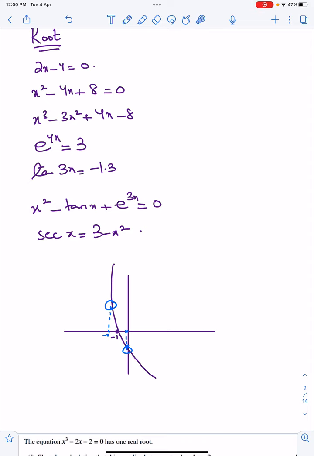So you should learn one thing right now: if a value before the root and a value after the root give different signs, that means the root lies between these two values. In this particular case, the root should be lying between minus 1 and 0. It can be any number in between them which can be the root.